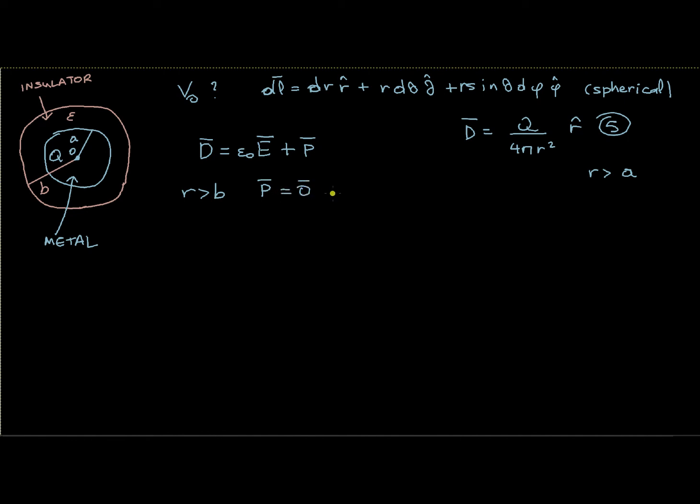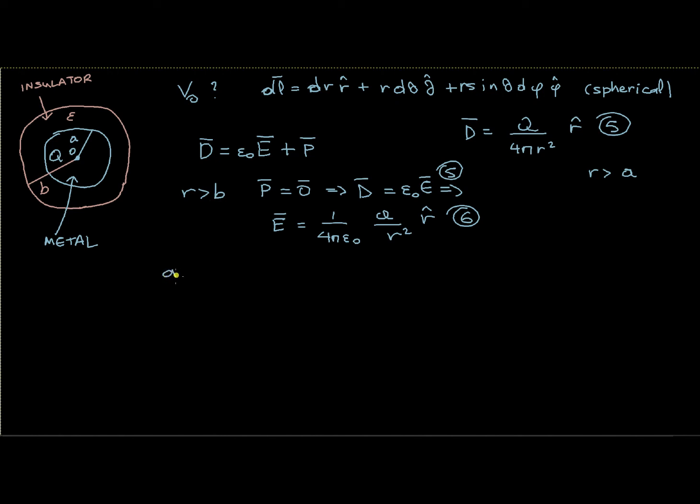So this is 0, and this means that the electric displacement is going to be epsilon 0 times the electric field, and using equation 5 allows me to write that the electric field is 1 over 4 pi epsilon naught q over r squared times r hat. Let's call this equation 6, and this is when r is greater than b.